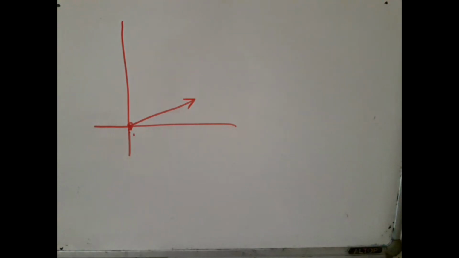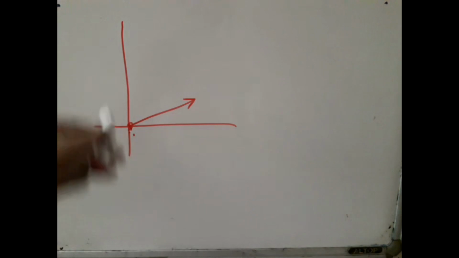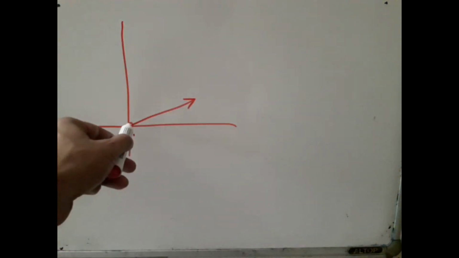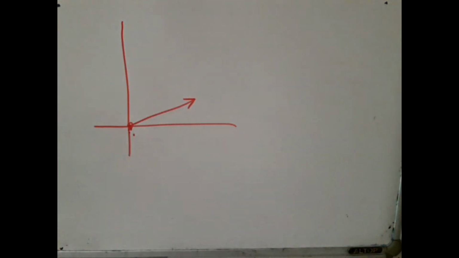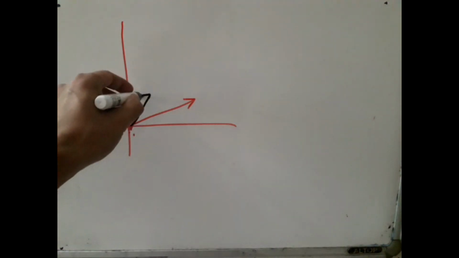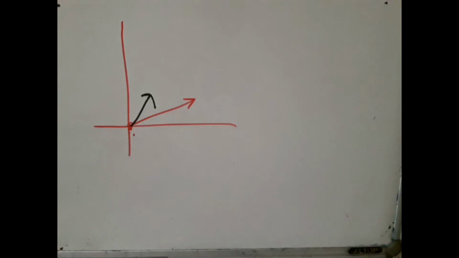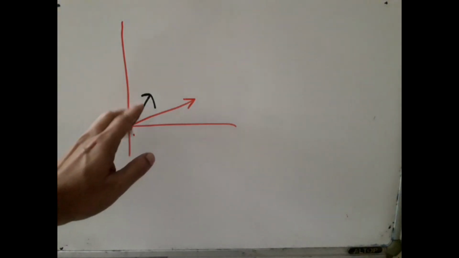So the rotation and reflection just by themselves do not make much difference when you are looking at a single vector. But suppose I have got two vectors. In that case, they are going to make a difference. Suppose I have these two vectors, and if I rotate, then this will always be like this.